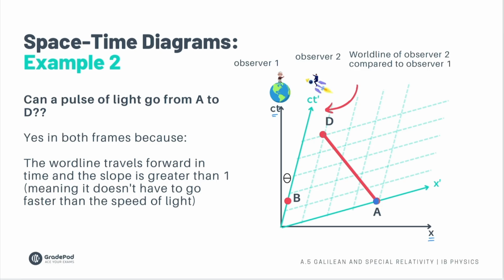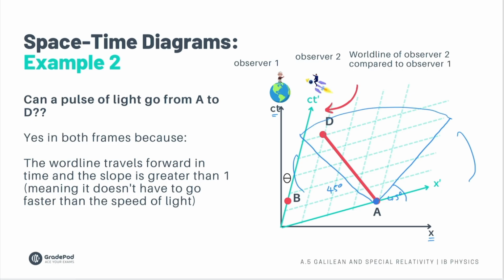So from point A, we draw two lines at 45 degrees. And what those two lines represent is the position of a pulse of light travelling at the speed of light. Anything outside of it is not possible, and anything within the cone of light is possible.